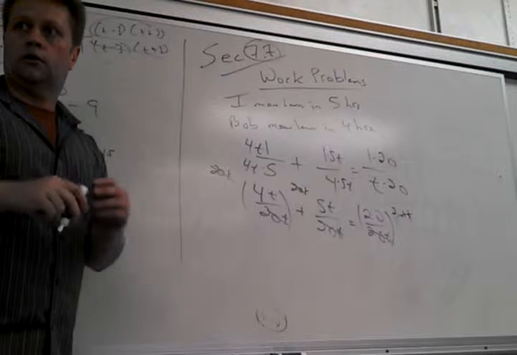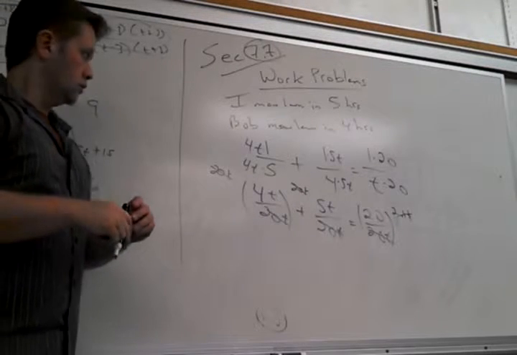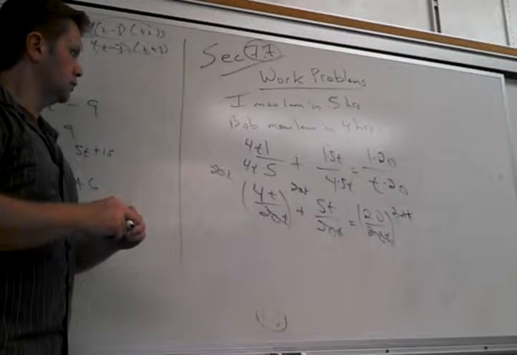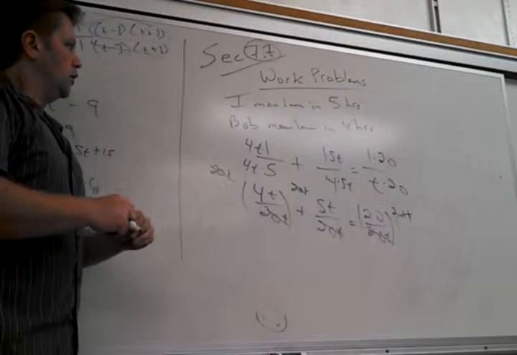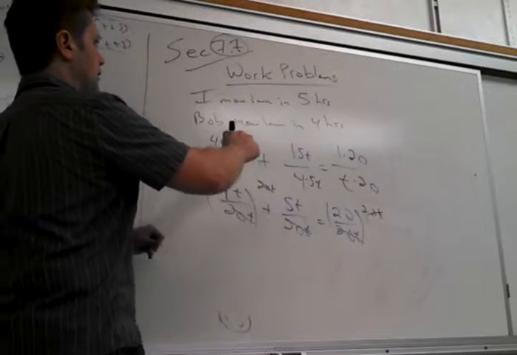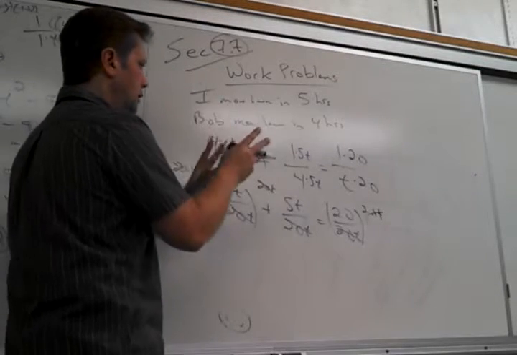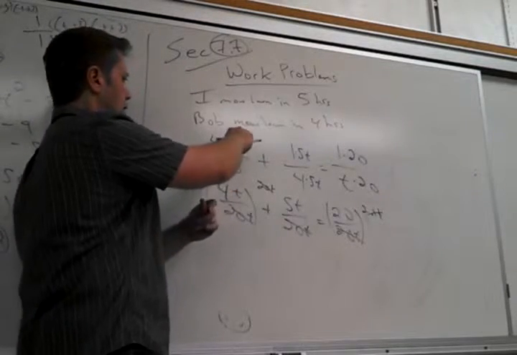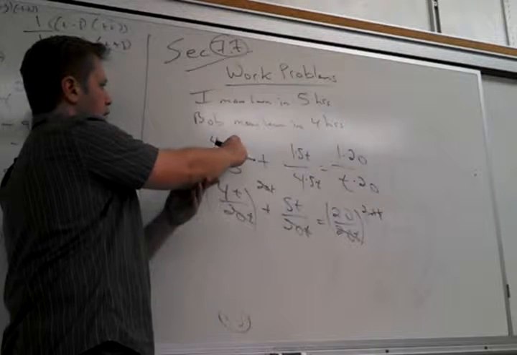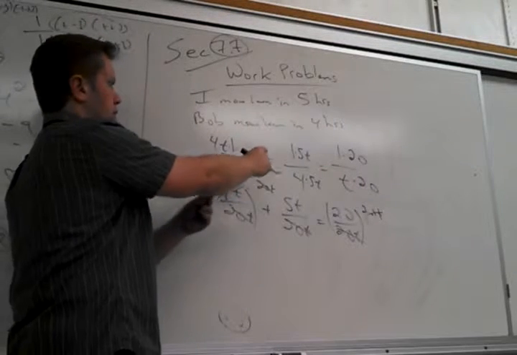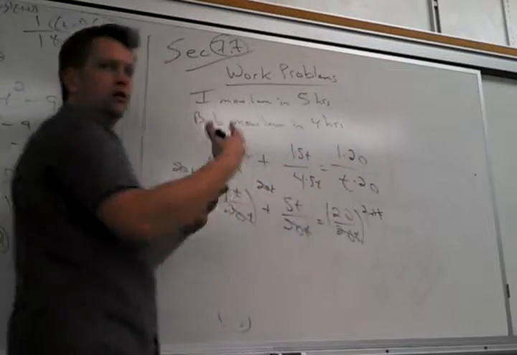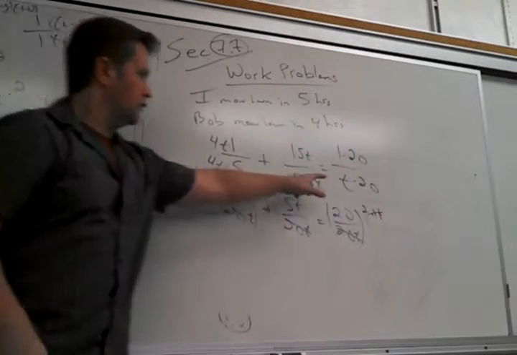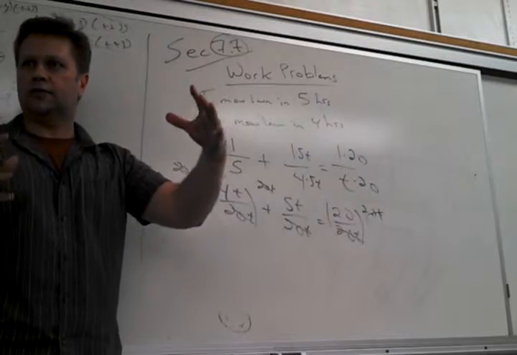Why is it in fraction form? Why is it 1 over 5 plus 1 over 4? The book explains it one way, but I like this way better. I can do 1/5 of the lawn, Bob can do 1/4 of the lawn, together we can do 1 over t of the lawn. So if I can solve for t, I can see how much time that is for us together.